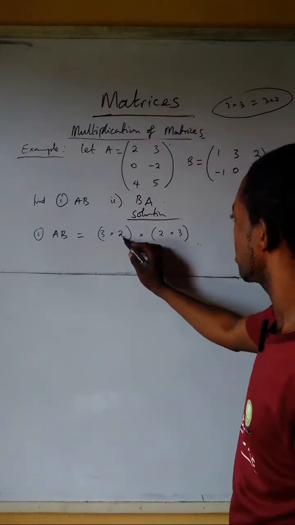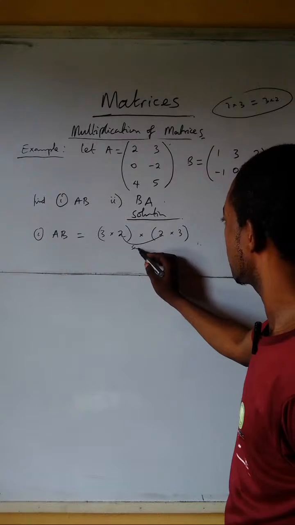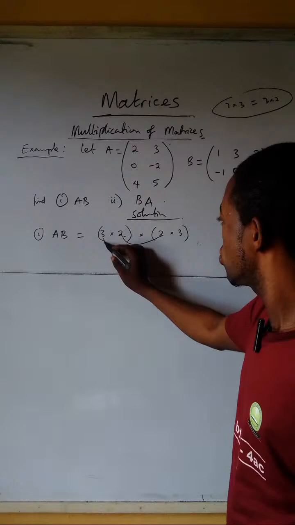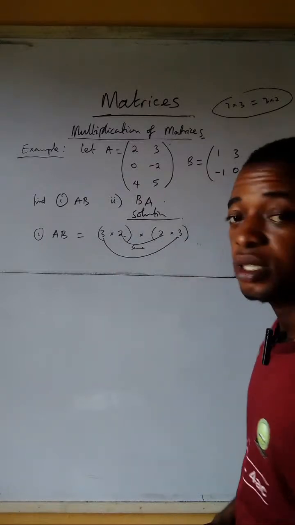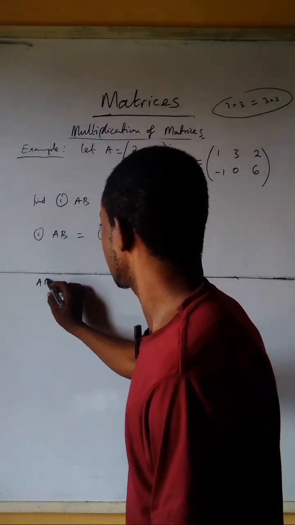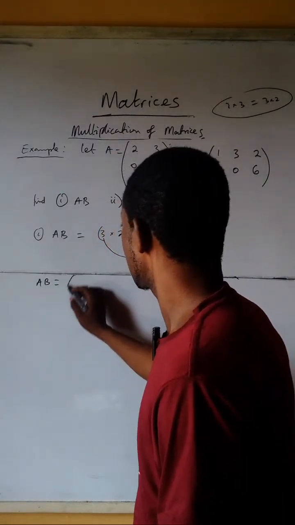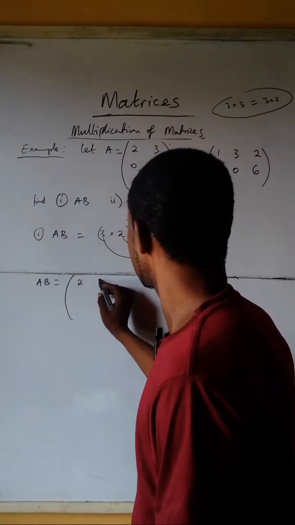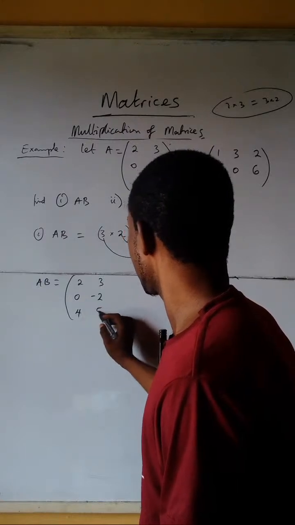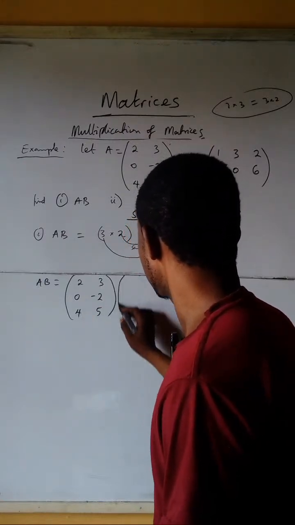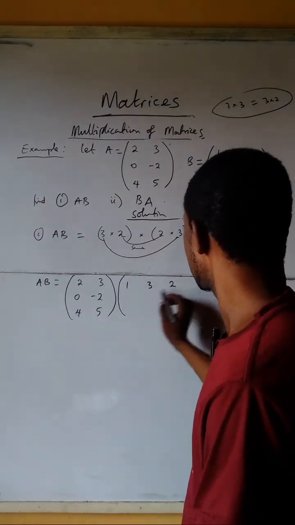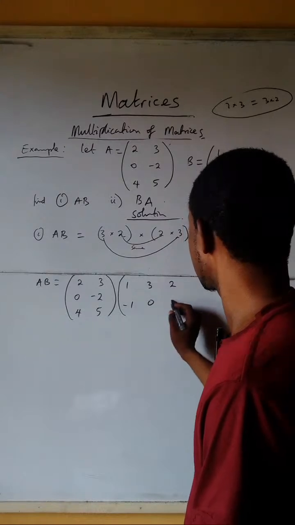Now, here, these are the same, which confirms that we can go ahead with the multiplication. And here, this will be the result, that's 3 by 3. Now, let's go ahead. So we have AB will be equal to 2, 3, 0, minus 2, then 4, 5, which is multiplying by B, which is 1, 3, 2, then minus 1, 0, 6.